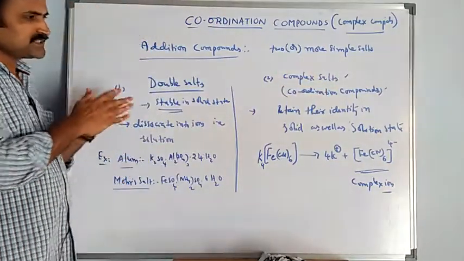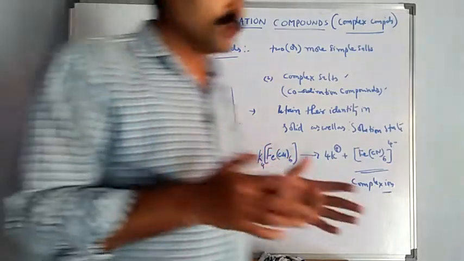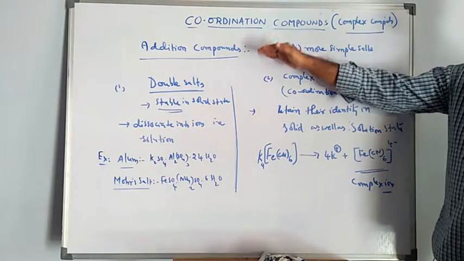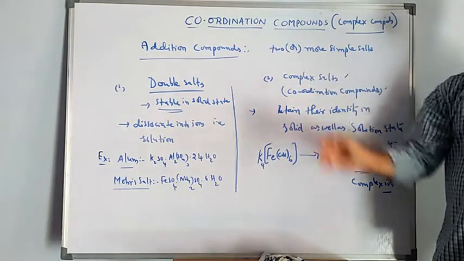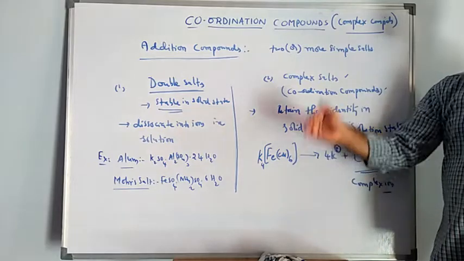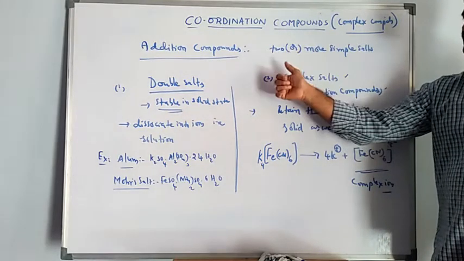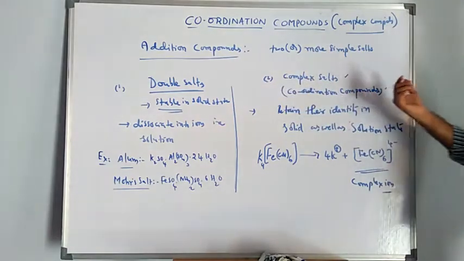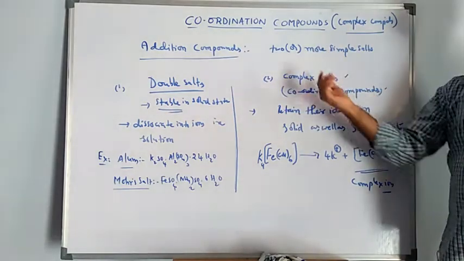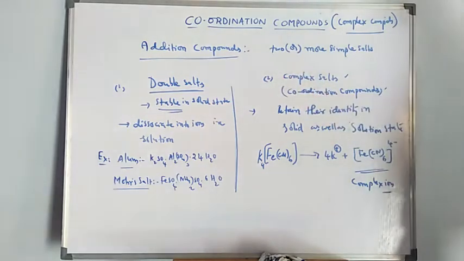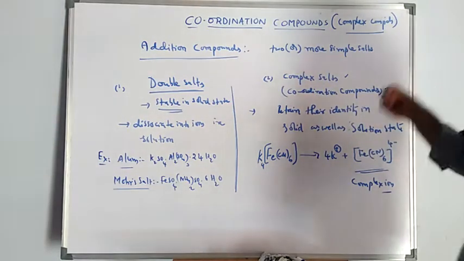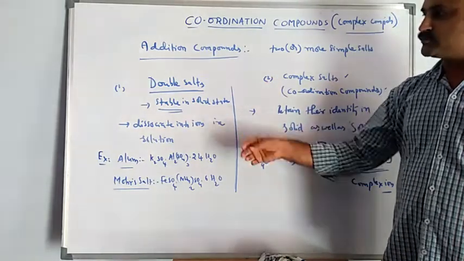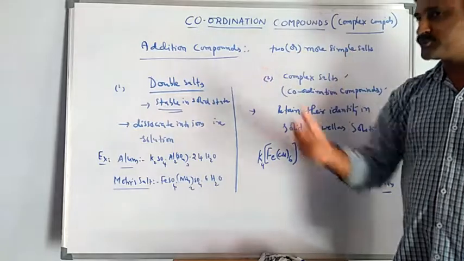Okay. This is one very simple idea of the introduction of coordination compounds, telling about the two types of addition compounds, and why complex compounds dominate over double salts. In lab analysis, if you identify cations and anions in double salts, you will get positive results.